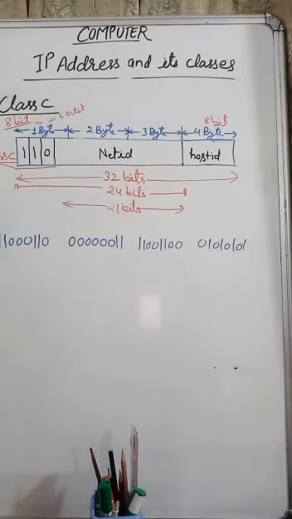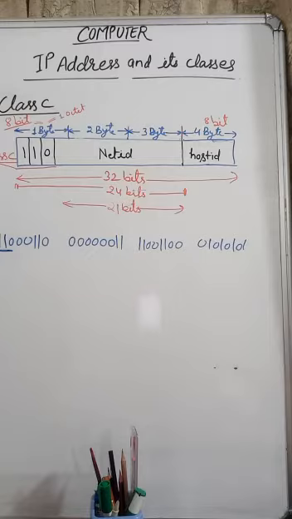How to identify which class this IP address is? We see the first bits. Leftmost bits are 110. The first 2 bits are 1 1, and the third bit is 0. So this is a class C address. Understood? Okay, now class D.